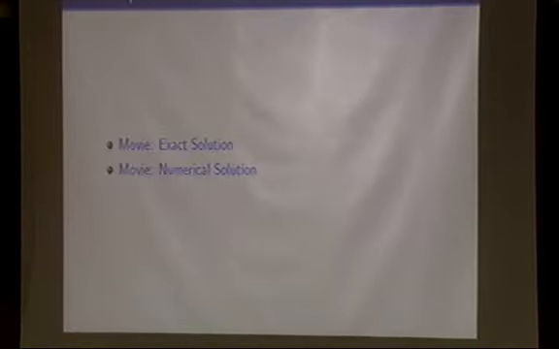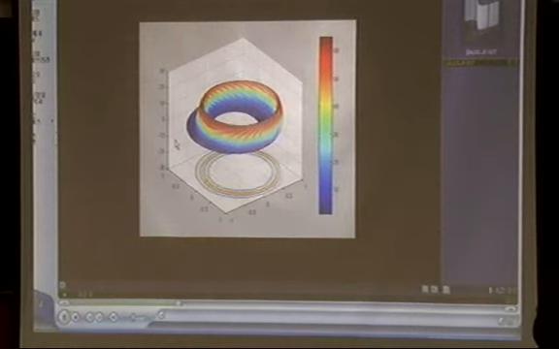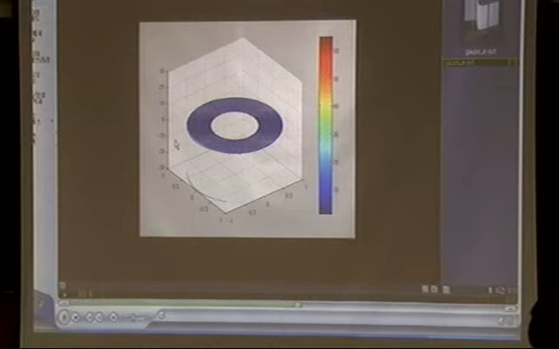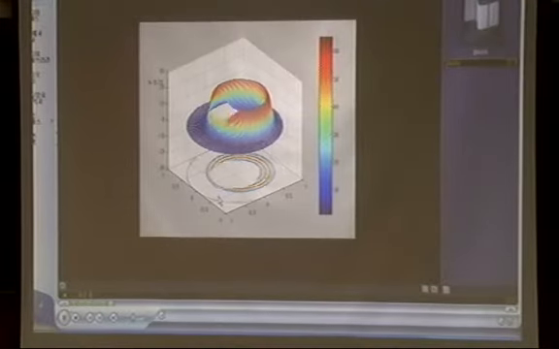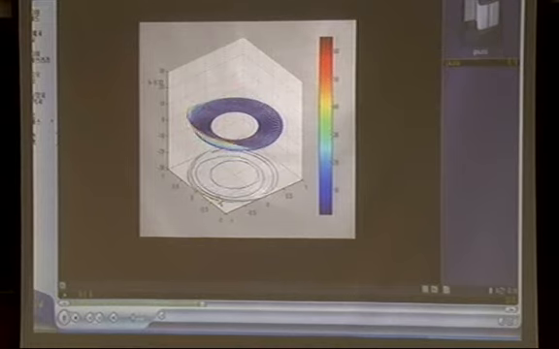Okay. So I will show you with a movie, so you can see. First, very nicely, intuitively: you have an exact solution, the wave propagates. You already know the boundary condition, right? So the wave propagates. Fine. And with the numerical solution, you can easily see that you obtain numerical reflective solutions.